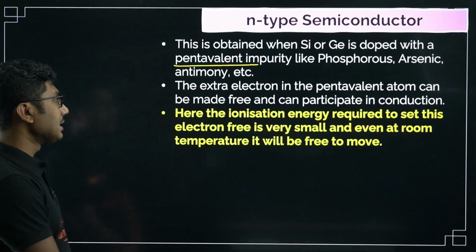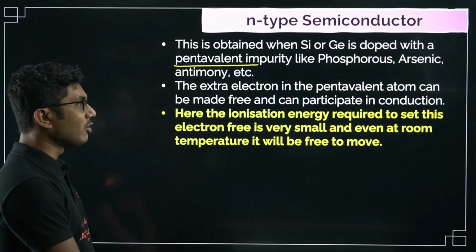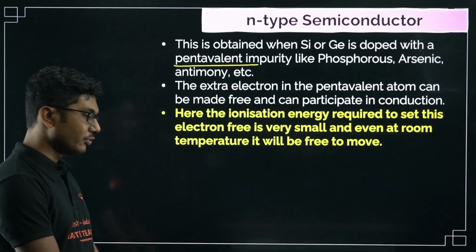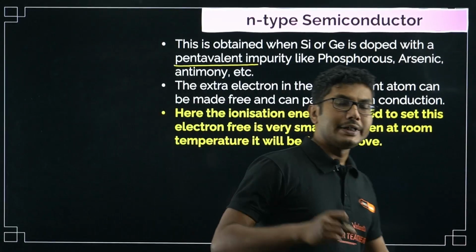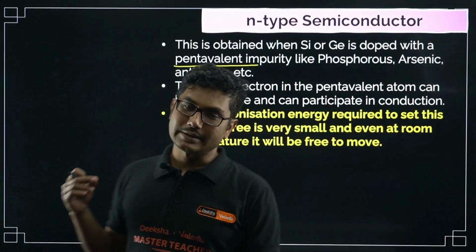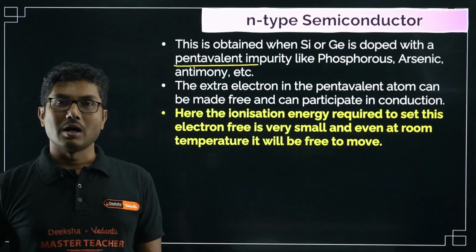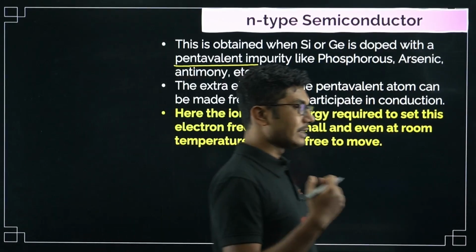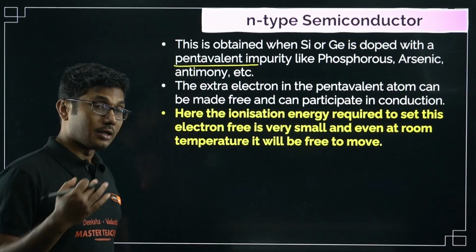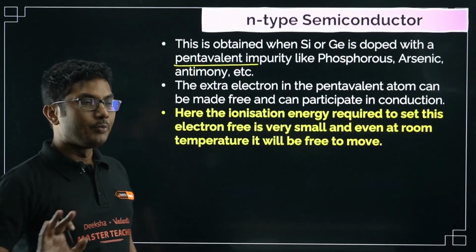Here the ionization energy required to set this electron free is very small, and even at room temperature it will be free to move. So once you have doped it with a pentavalent material, you have freed one electron, and that electron takes part in conduction, which improves its conductivity, so it remains a good conductor even at room temperature.